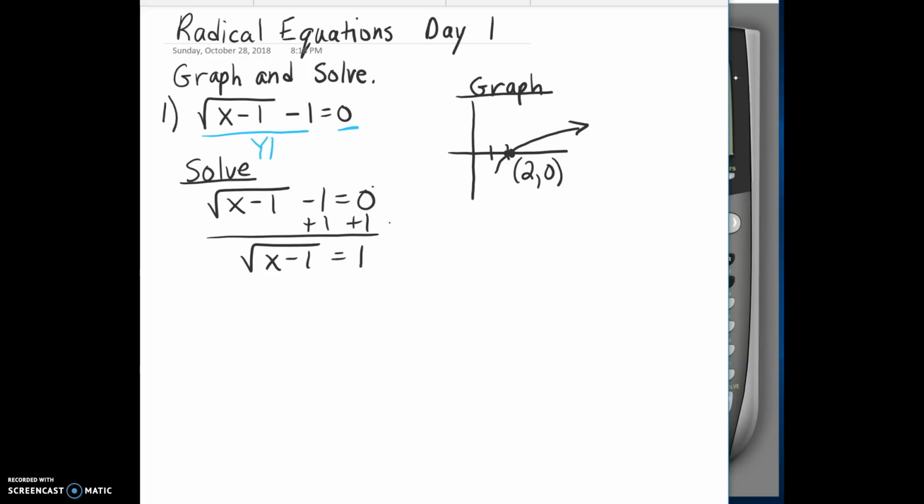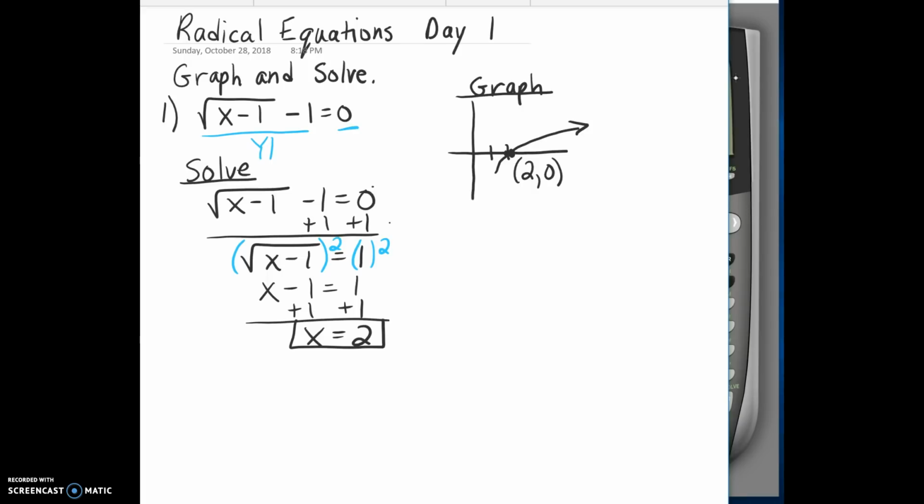And then we're going to square both sides at this point to get rid of the square root. So that's kind of a new step. And then finish solving. Usually the solving techniques to finish solving are not too tough, maybe not as easy as this where we're just adding 1, but a two-step equation.